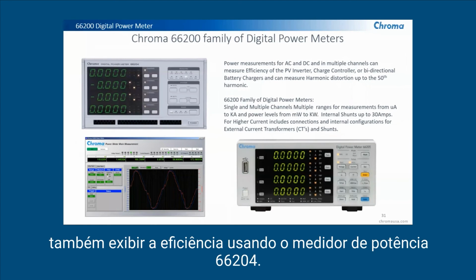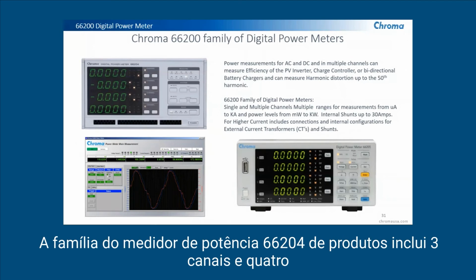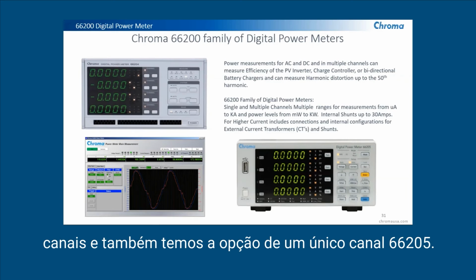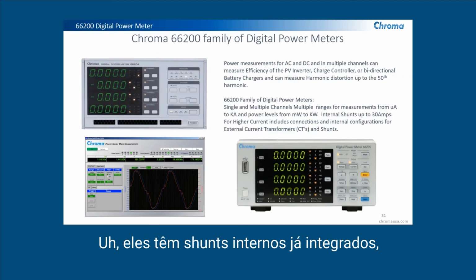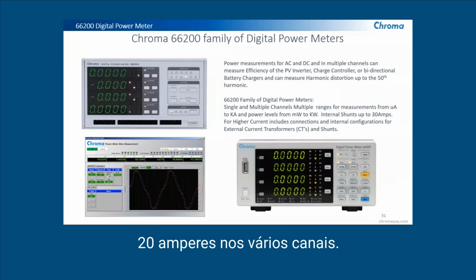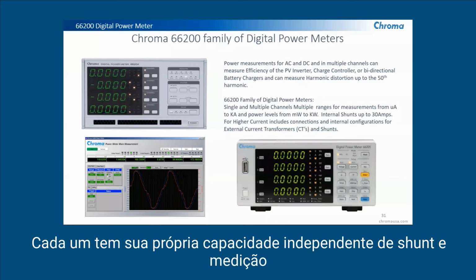The 66204 power meter family of products includes a three-channel, a four-channel, and we also have a single-channel 66205. The accuracy is incredible on these units. They have built into them internal 20 amp shunts. On the multi-channels, each one has its own independent shunt and measurement capability.